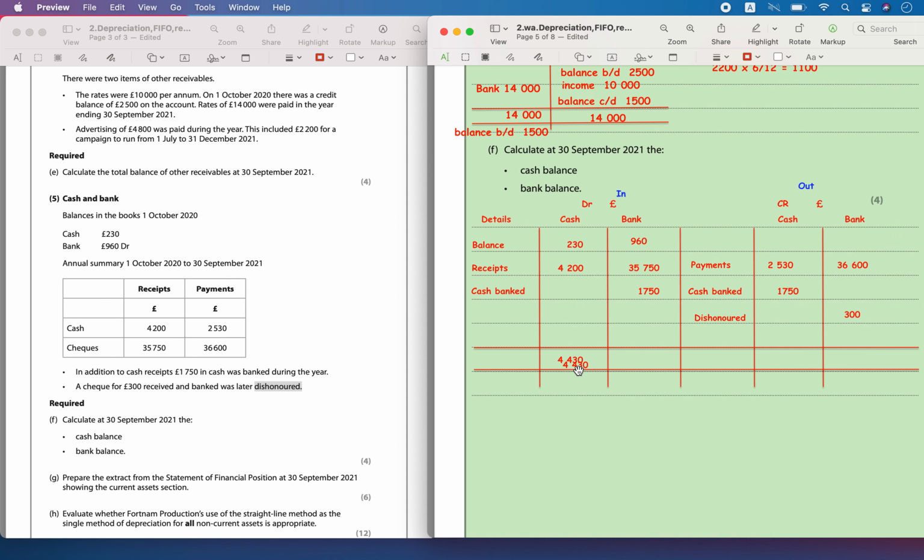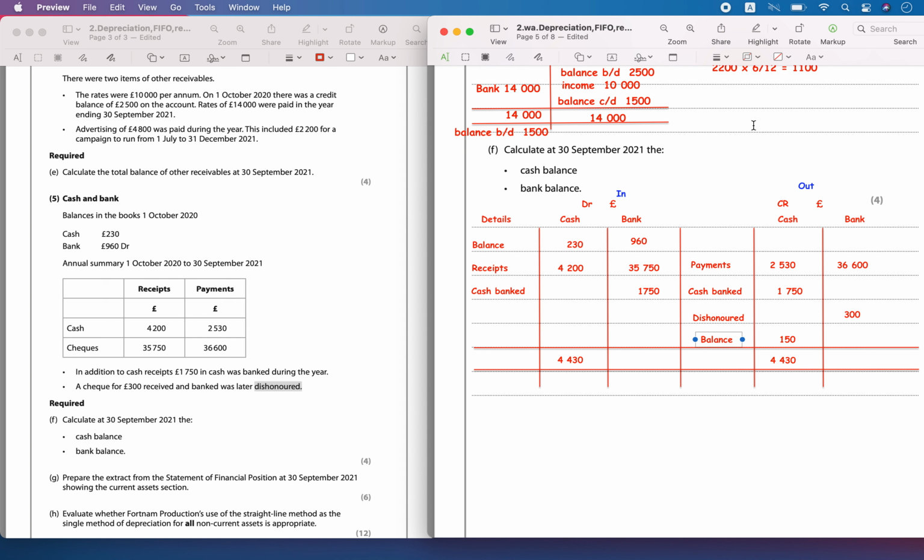Now the total has to be the same on this side also, 4,430. 4,430 minus 2,530 minus 1,750 is going to give me the balance of cash on this side. It's going to be equal to 150.